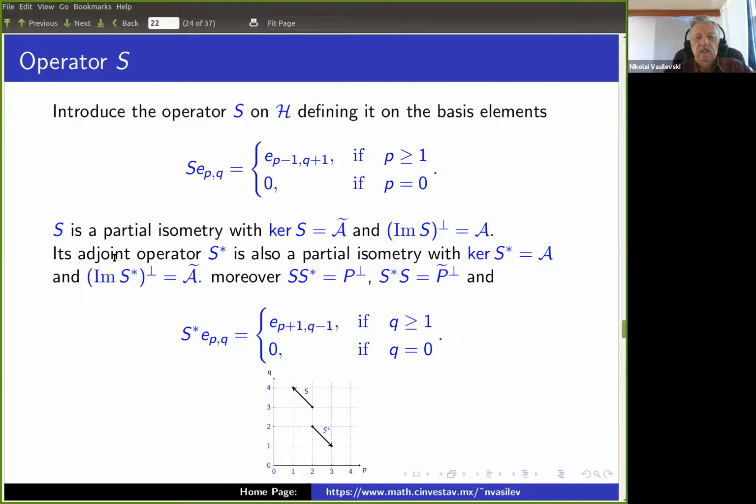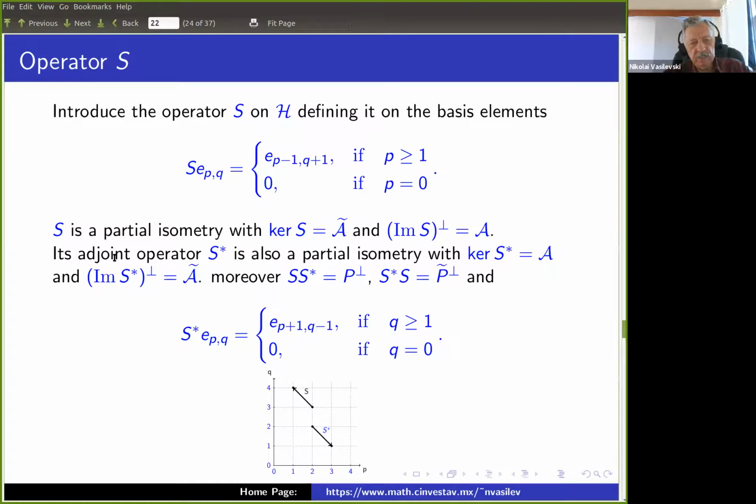Well, in our generic Hilbert space H, we introduce the operator S. This operator S acts on the basis elements in this space as follows. S moves E PQ to E P minus 1, Q plus 1. This is a partial isometry.